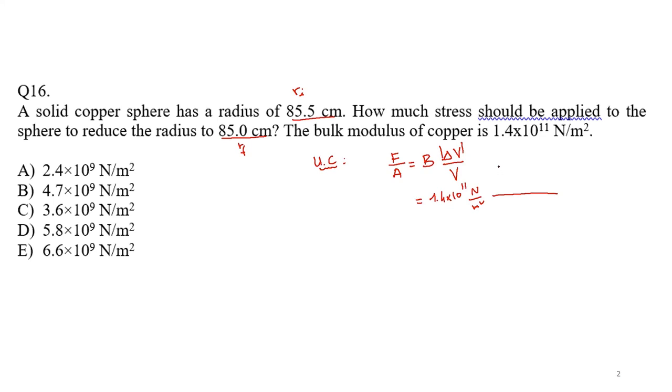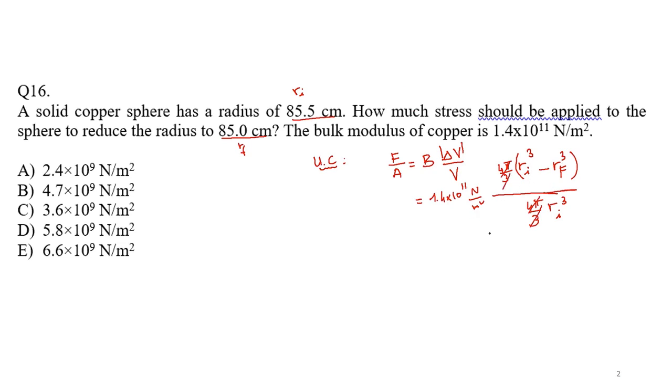But if I take the absolute value, it will be the initial volume, 4 pi divided by 3 initial radius cubed, minus 4 pi divided by 3 final radius cubed, divided by the volume. By the volume, I mean the initial volume, of course. So 4 pi divided by 3 initial radius cubed. Of course, I will simplify by 4 pi, and I will get this.